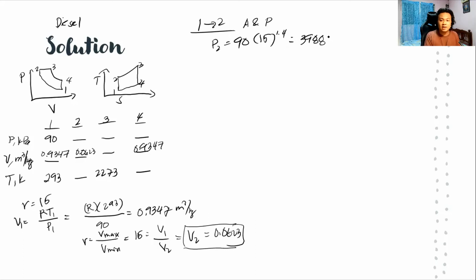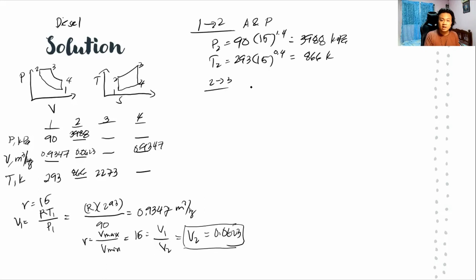We have 3988 kPa, and then T2, which is equal to 293 raised to 0.4, okay? And then you can get 866 Kelvin. So let's list that here: 3988, and then we have 866, and then we go to 2-3.